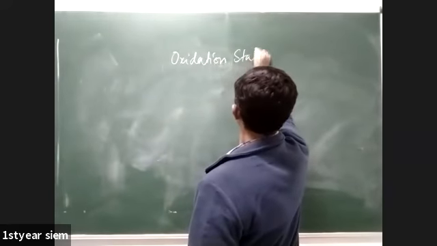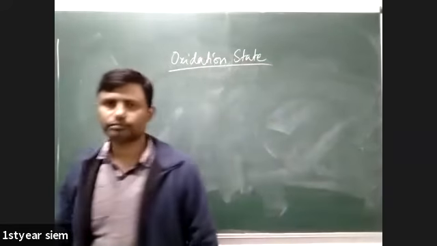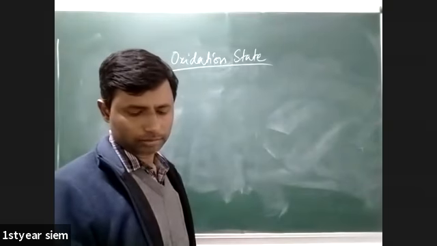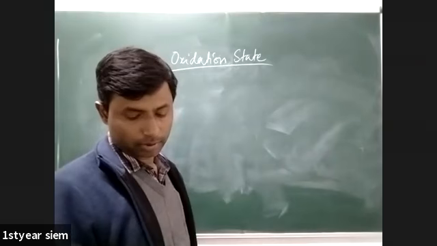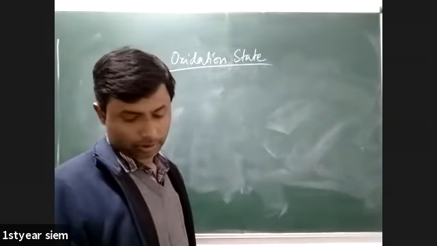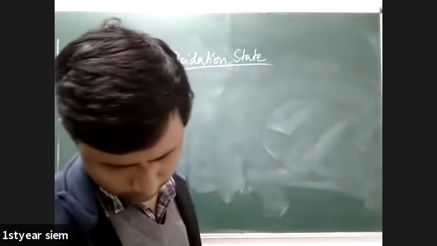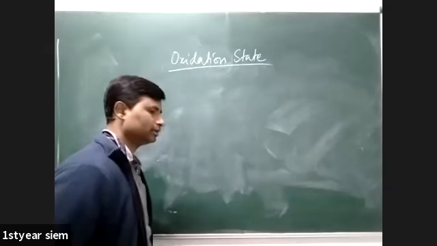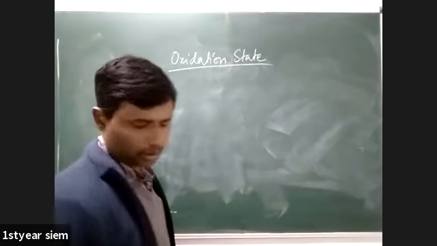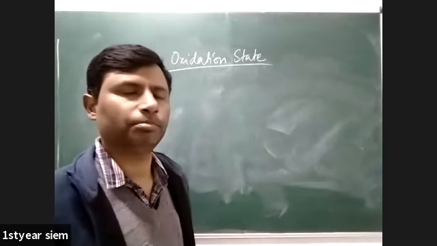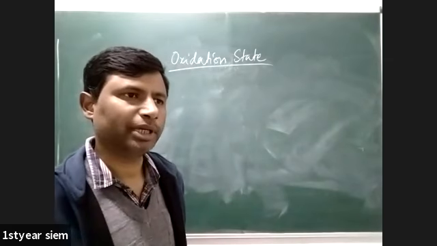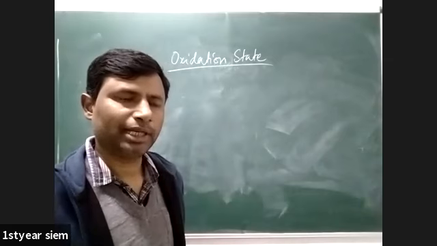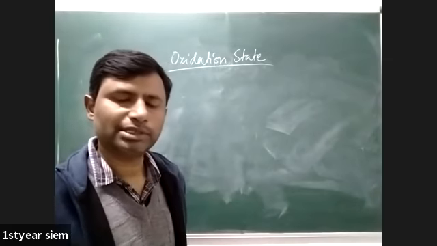The oxidation state is actually the number of electrons lost or gained by an atom. It is positive if electrons are lost, and if electrons are gained, the oxidation state is negative.